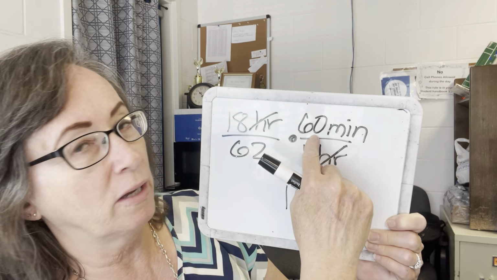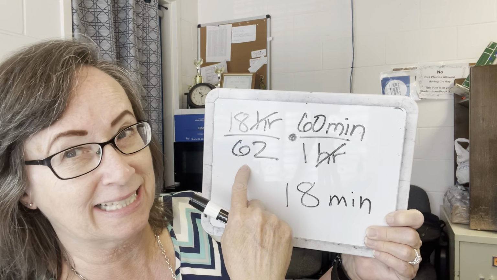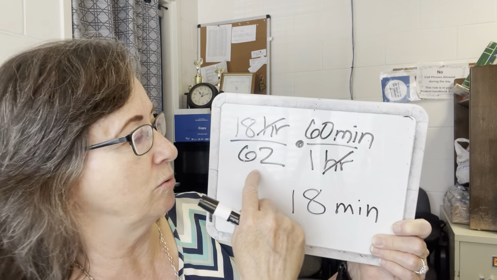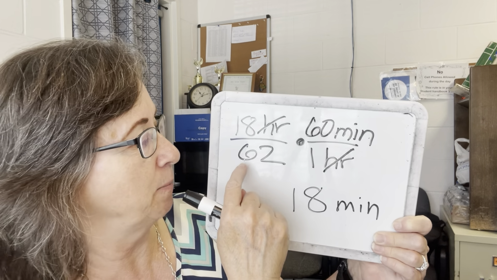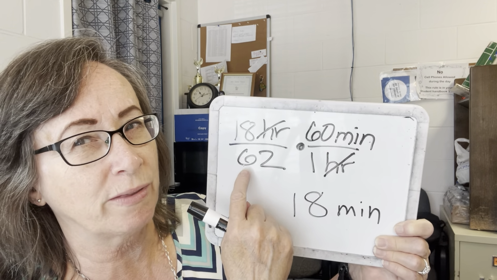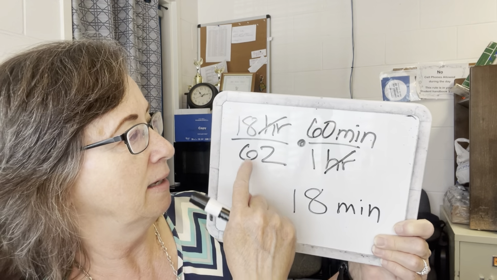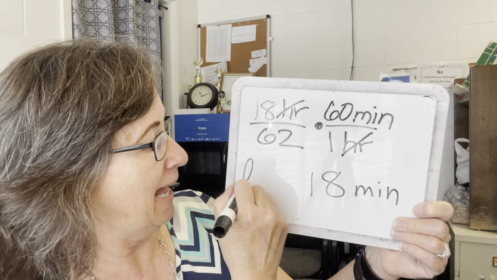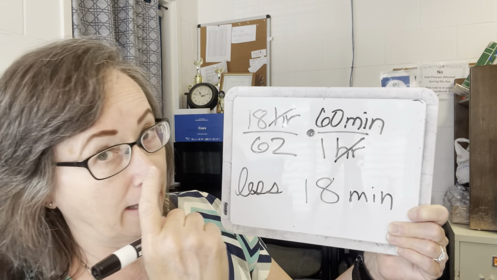Okay, so we got 60 on the top, 62 on the bottom. When we canceled those, if we were doing exact math, we'd have a little bit more than 1 down here, wouldn't we? So 18 divided by a little bit more than 1 would mean less than 18 minutes.